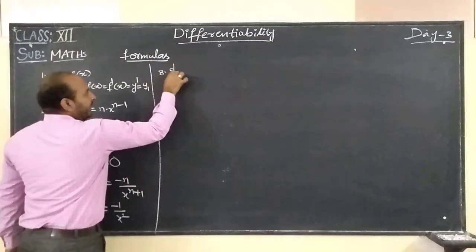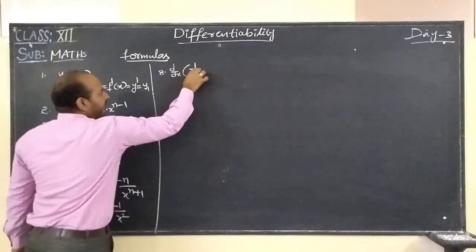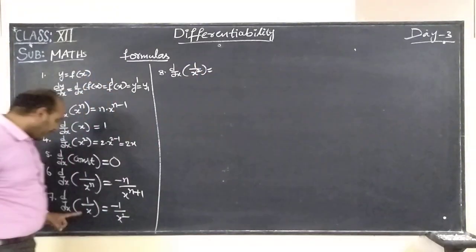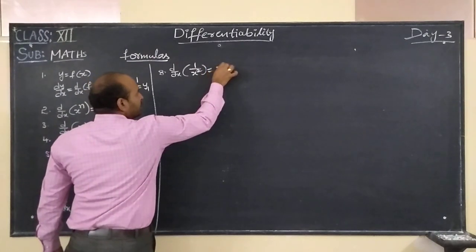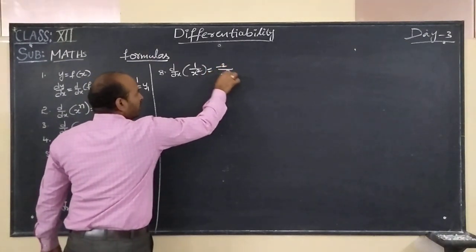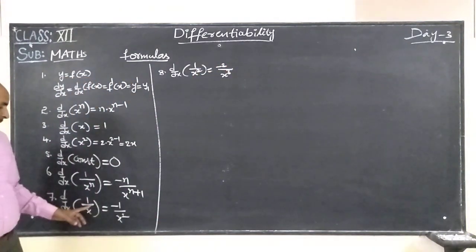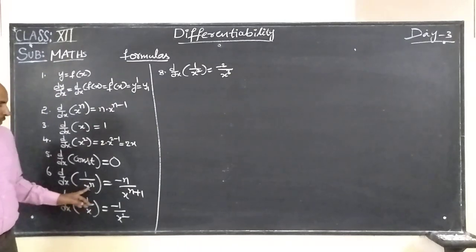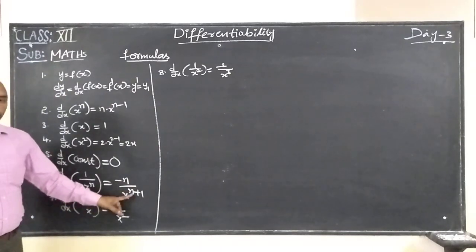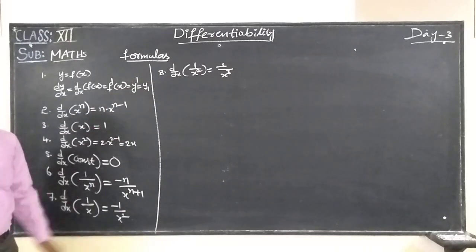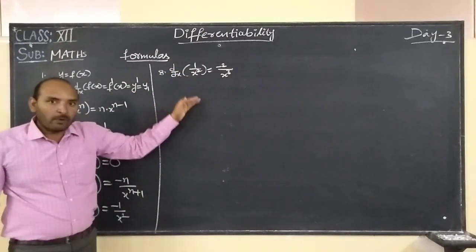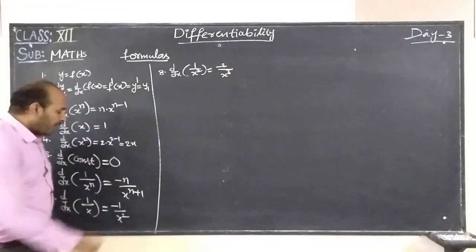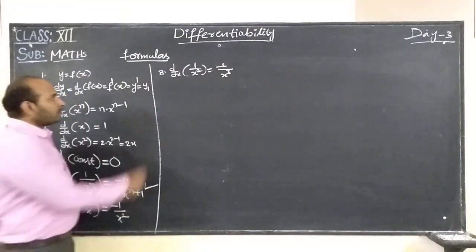Next, d by dx of 1 by x square. Here n is equal to 2. So you can write as minus 2 by x power 2 plus 1, minus 2 by x cube. Same thing for d by dx of 1 by x cube, 1 by x power 4, 1 by x power 5. You can use this formula.